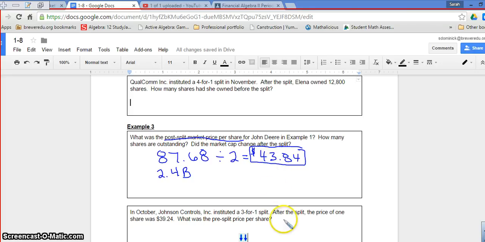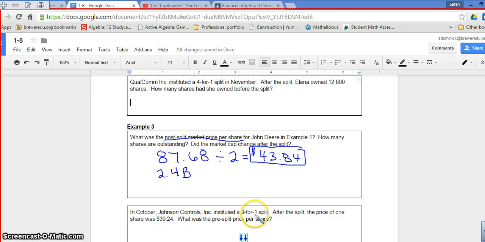So the last part of example 3, the second part, they instituted a 3-for-1 split. So this is still a traditional split. For every 1 share you have, you'll get 3 after the split. They say after the split, the price of 1 share was $39.24. What was the pre-split price per share?